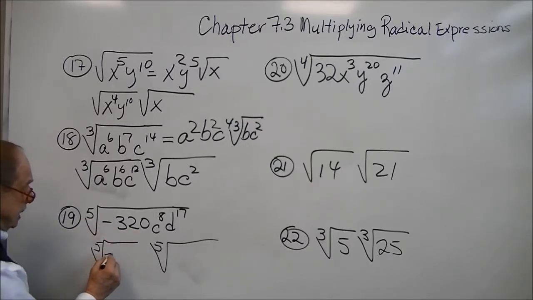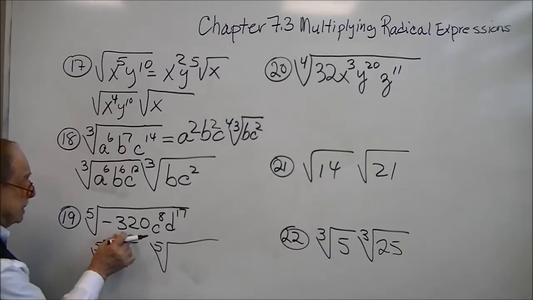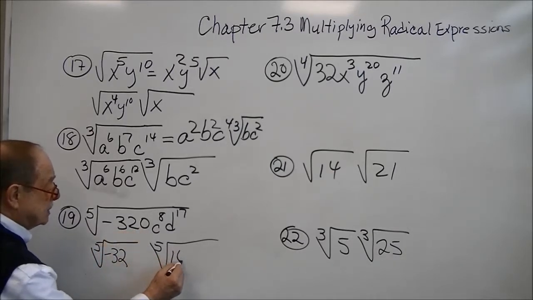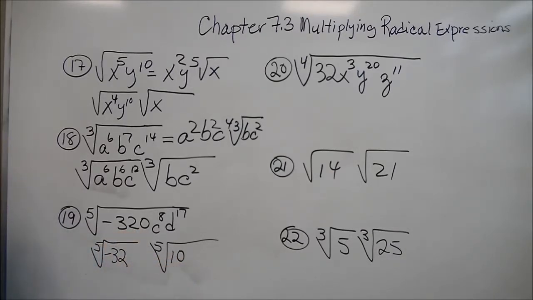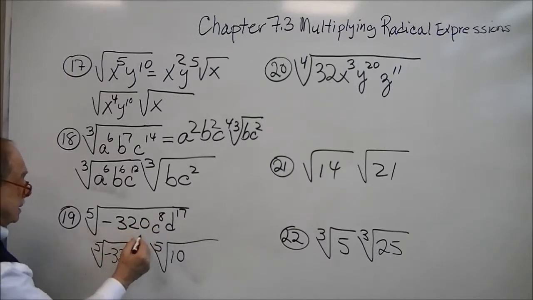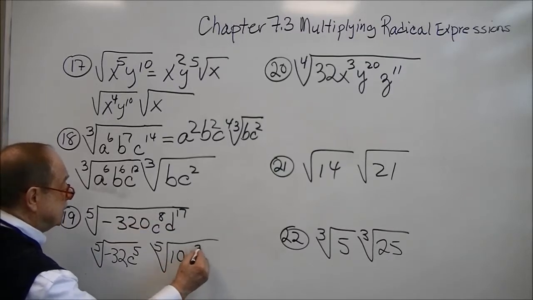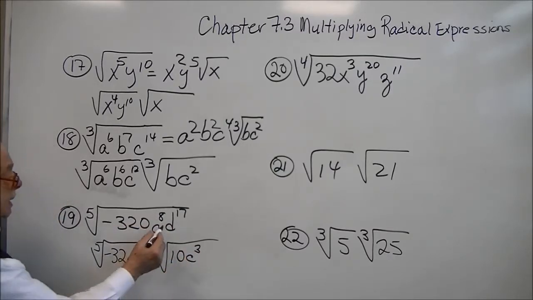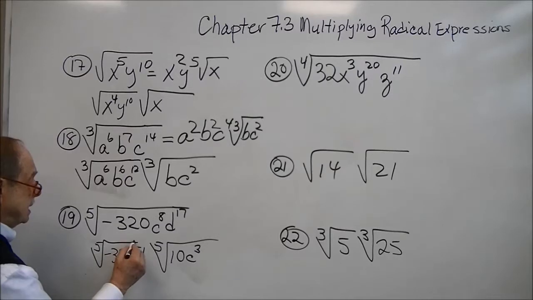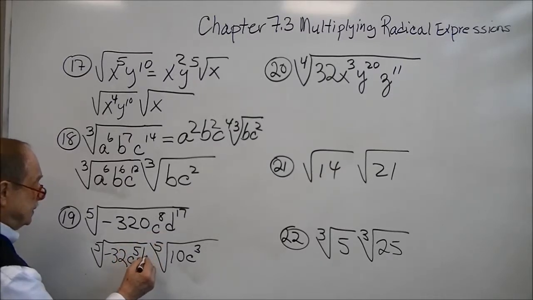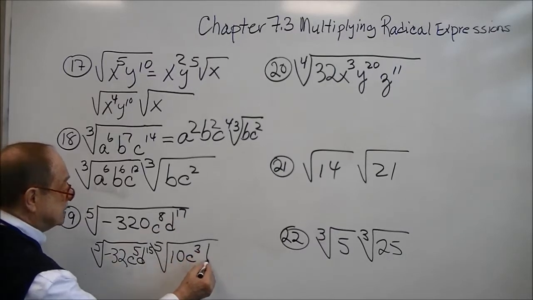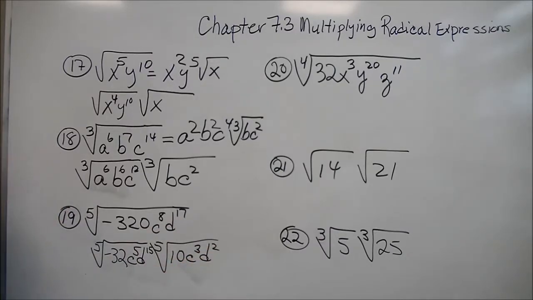So if I factor out a negative 32 there, that's a perfect fifth, and what's left is 10. And then c to the fifth, and what's left over is c to the third. And we have d to the 15th, and what's left over is d to the second.